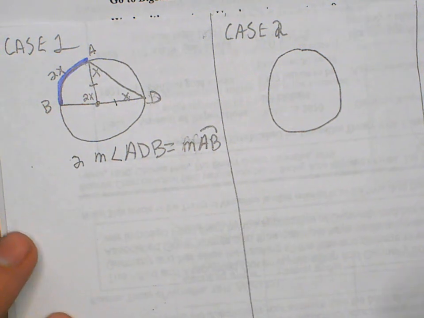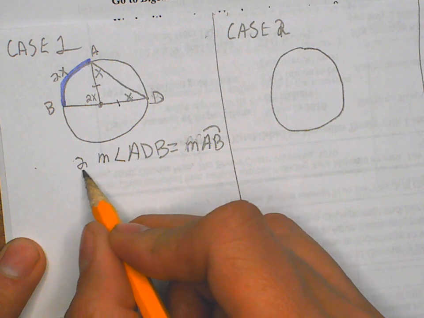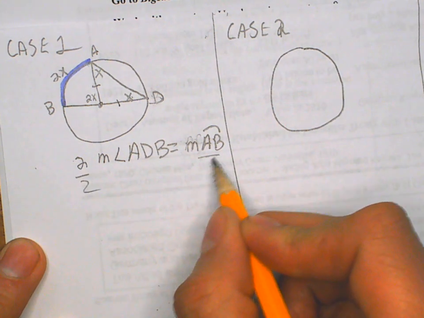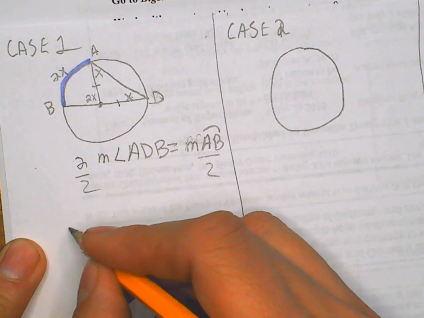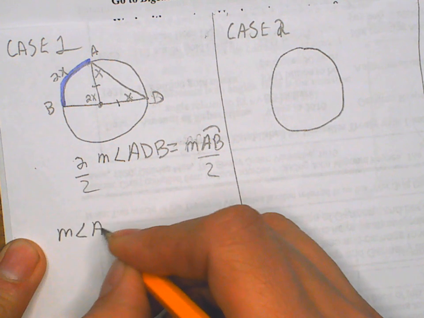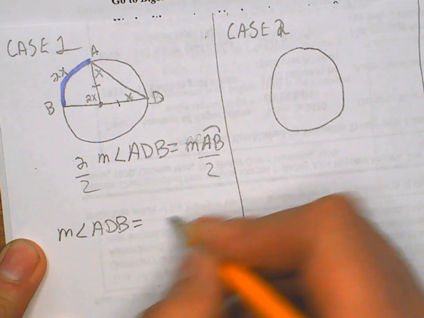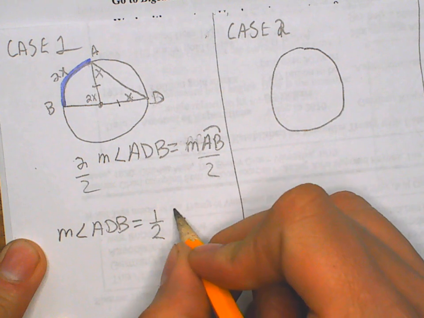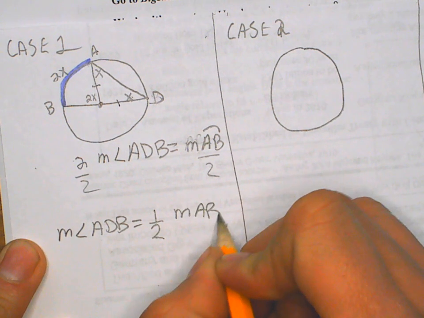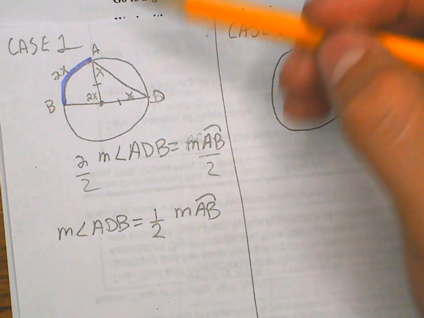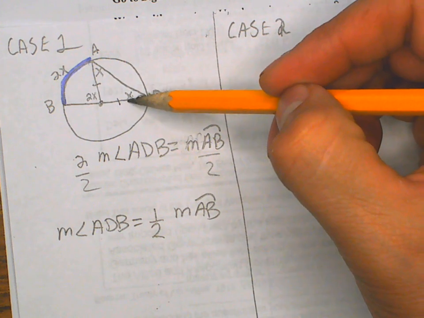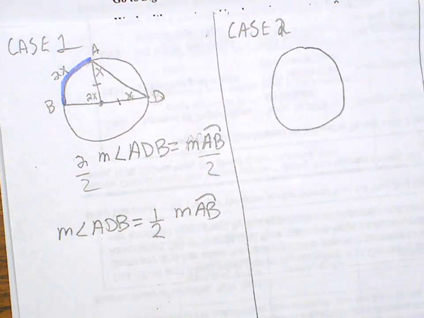So what we're going to do now is divide this by 2. Hence now I have the measure of angle ADB equals 1/2 the measure of arc AB. Okay, so in other words, the measurement of this angle is going to be half of this arc.